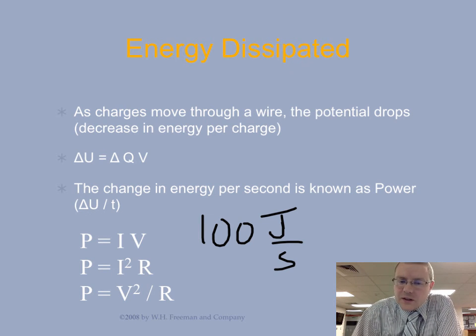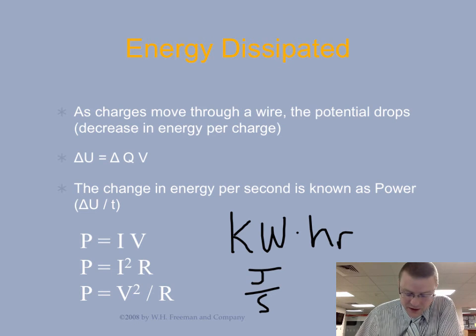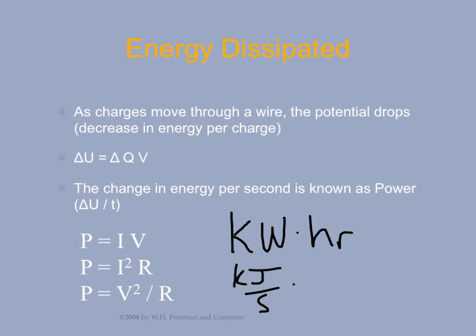So then why do your parents get so bent out of shape when you leave the lights on? Well, the power companies don't charge you for wattage. What they charge you is something called kilowatt hours. Kilowatts are just a measure of kilojoules per second, and we can convert hours into seconds. If I do that, I have kilojoules per second multiplied by the conversion of hours to seconds.